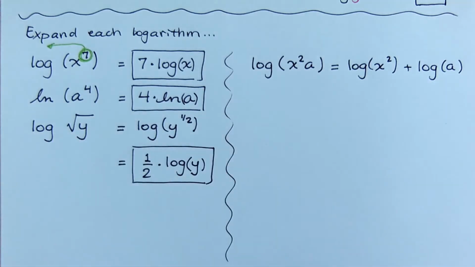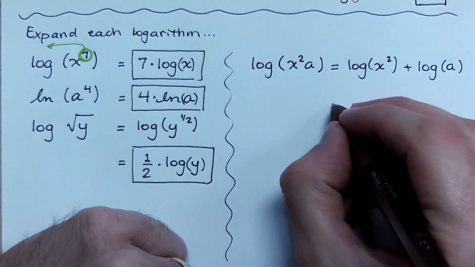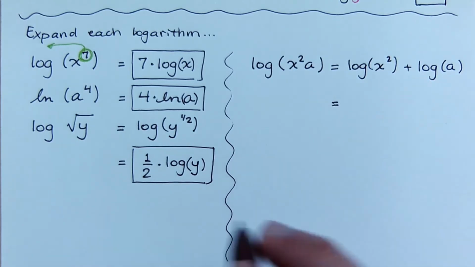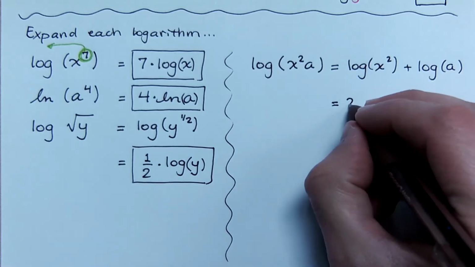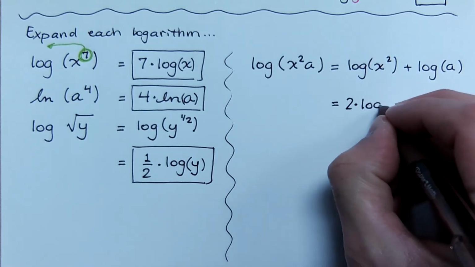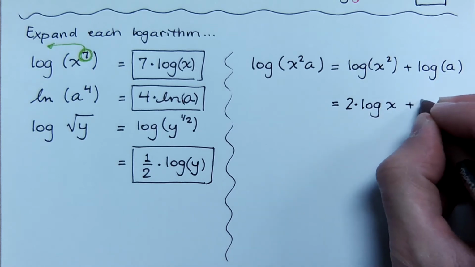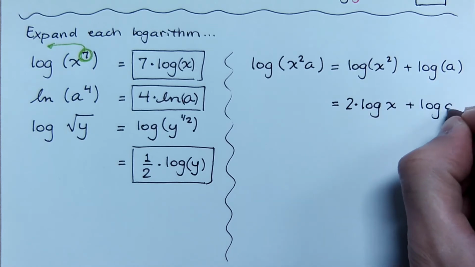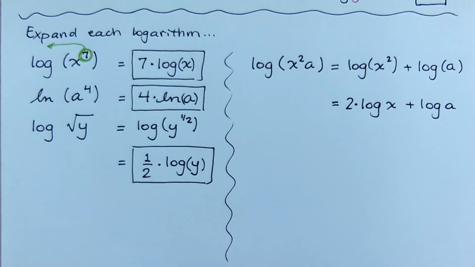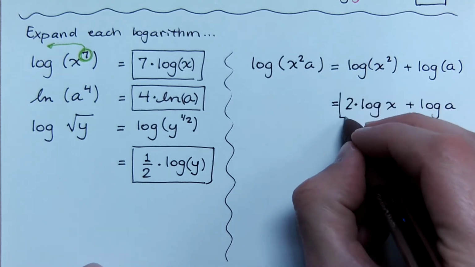You take a product inside of a log and you can separate that into two smaller logarithms. It's going to be the sum. But I'm not going to leave my answer like this, because what else can I say? I can say 2 times log of x plus the log of a. And that's it. That is what we call expanding the logarithm.